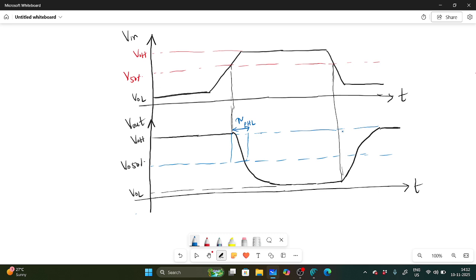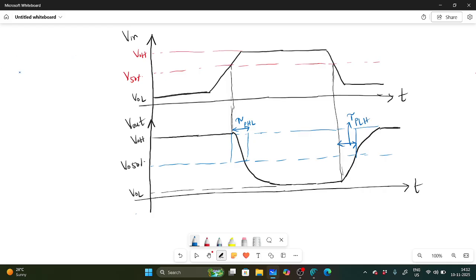And next, this point here, this delay we can call the propagation delay from low to high.